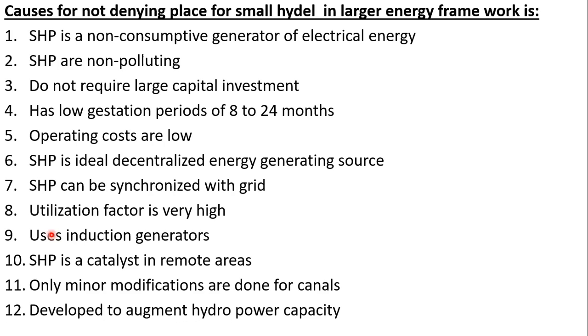If you use these induction generators, it will be inexpensive, and also the problems of synchronization and interconnection are simplified to a large extent. While you are working with the utility grid, you get the problem of synchronization and interconnection, which will also be eased when we use these induction generators.